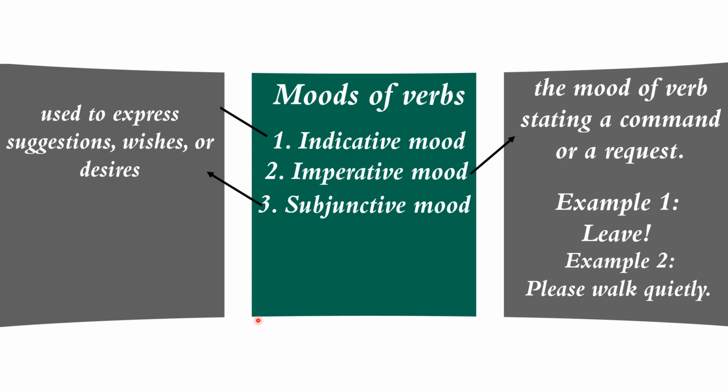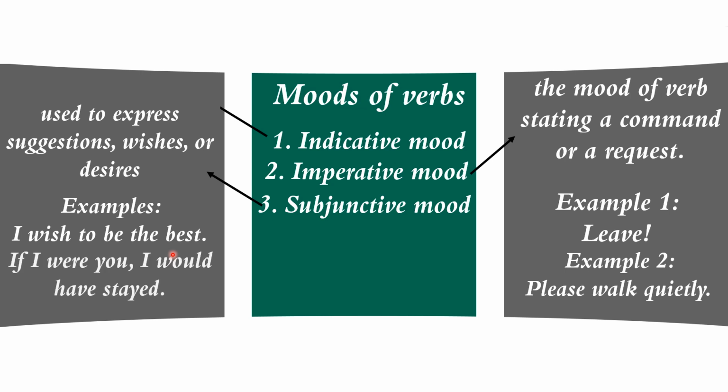For subjunctive mood we have several examples, such as "I wish to be the best." From the word wish, it is a sentence that expresses wishes. Or "I wish to be part of the Dean's Lister this year." You are expressing a wish for a thing to happen. And the next example is "If I were you, I would have stayed."